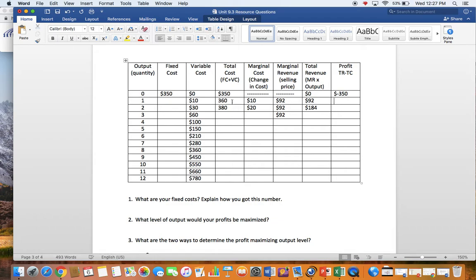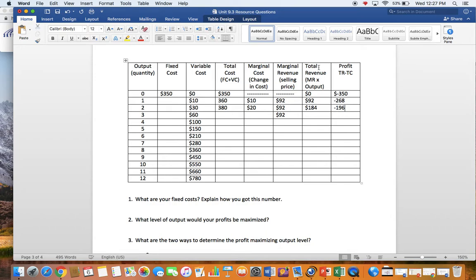If I am selling 1 at $92 and I subtract my cost of making 1, $360, I'm now at negative $268. So you take the total revenue of $184, subtract your total cost of $380, and now I'm losing $196.